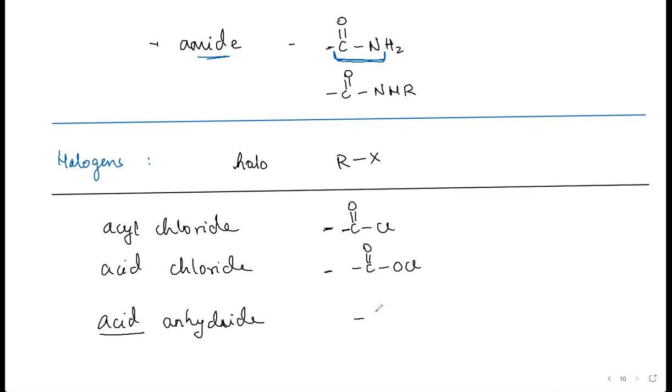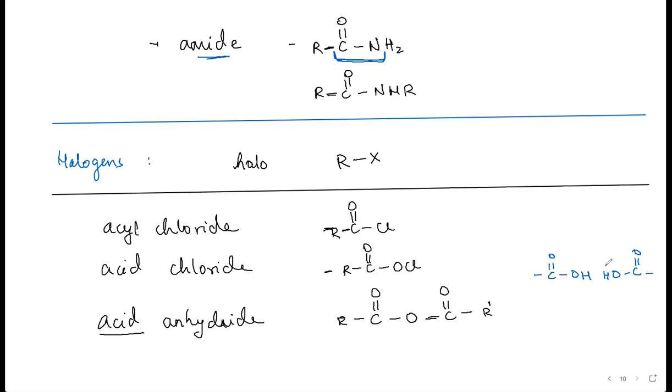Basically it is C double bond O, O, and another C double bond O, and the open valency on each carbon is for R. As with acyl chloride, if I put an open bond, it means anything can be there, an alkyl group, so this can be R and R, or it can be R and R dash. So you can think of acid anhydrides as two R–C double bond O–OH.